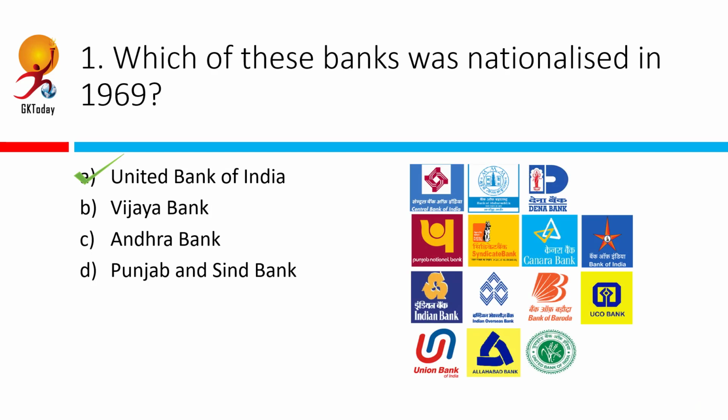So there were 14 banks which were initially nationalized in 1969, and these were Central Bank of India, Bank of Maharashtra, Dena Bank, Punjab National Bank, Syndicate Bank, Canara Bank, Bank of India, Indian Bank, Indian Overseas Bank, Bank of Baroda, UCO Bank, Union Bank, Allahabad Bank, and the United Bank of India. A few more banks were also nationalized later on in the 1980s, which we'll get to through this quiz.